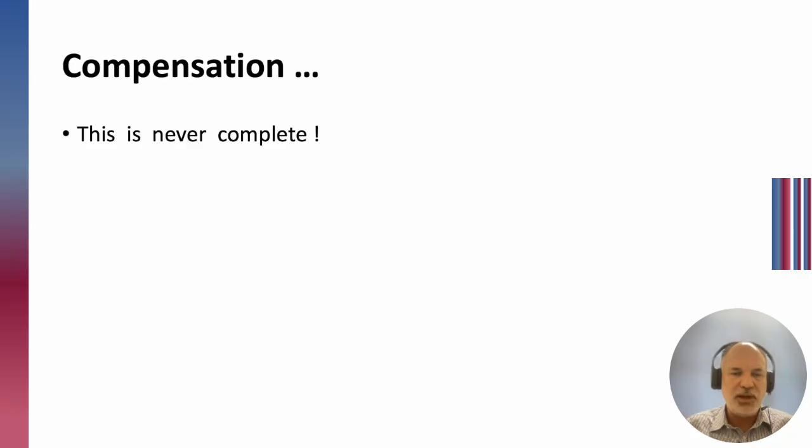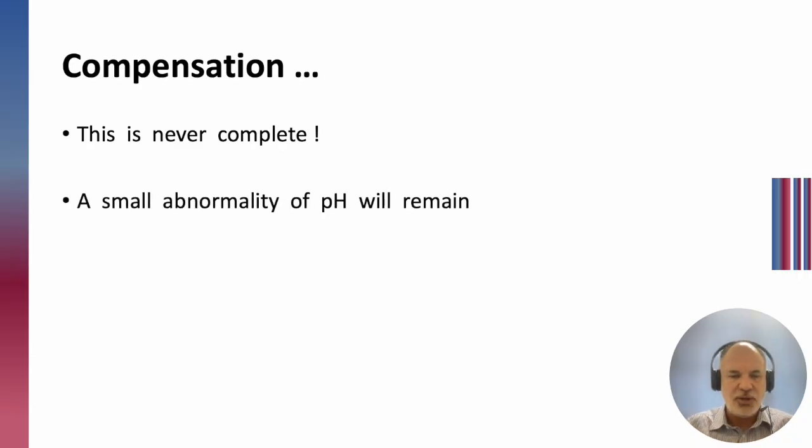Obviously, the compensation process could come to its completion in terms of the fullness of time, but we can never compensate ourselves back into a normal range. So a small abnormality of pH will always remain. In other words, the pH will fall outside of that range of normal of 7.36 to 7.44. We can't compensate ourselves back into the normal range.